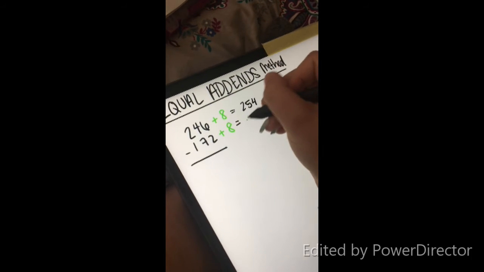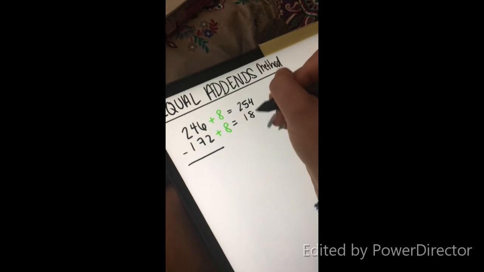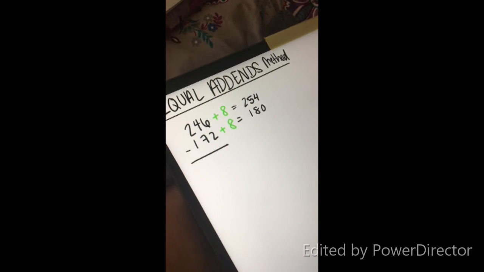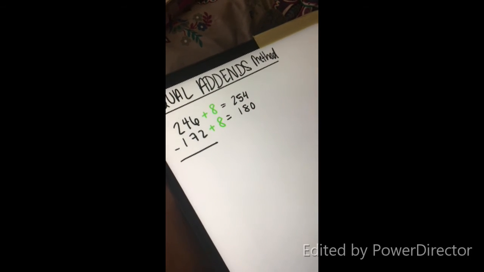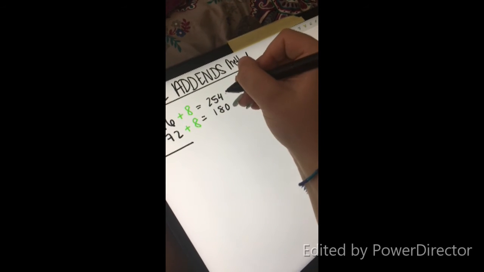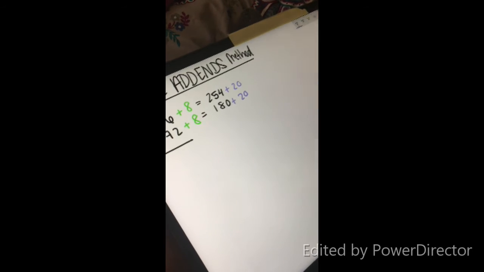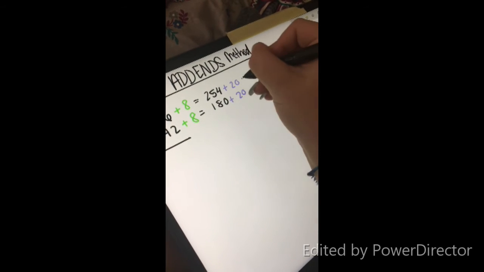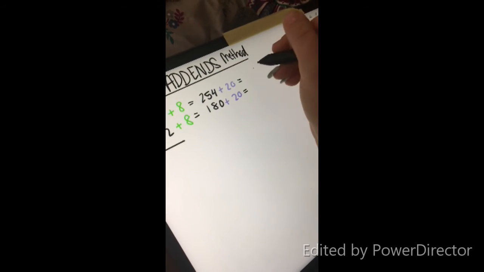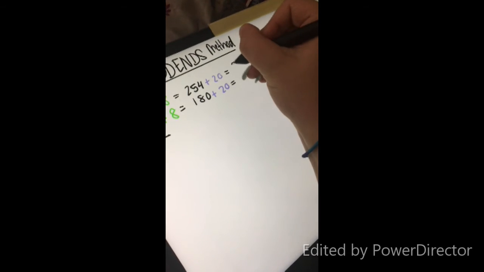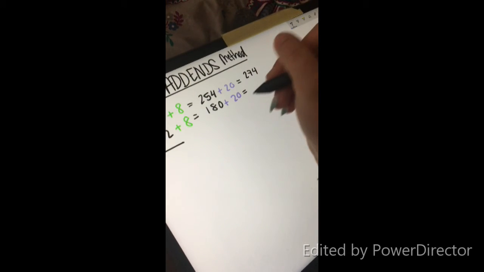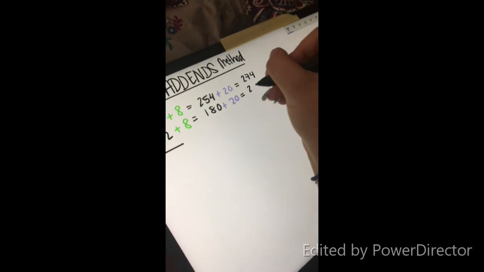But these numbers still don't work because 8 is bigger than 4, and therefore we can't work it very well. So what we're going to do next is add 20 to each side. So 254 plus 20 equals 274, and 180 plus 20 equals 200.